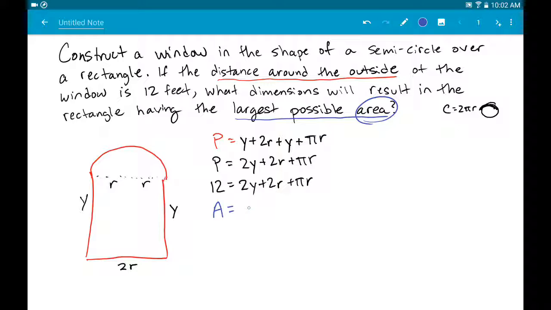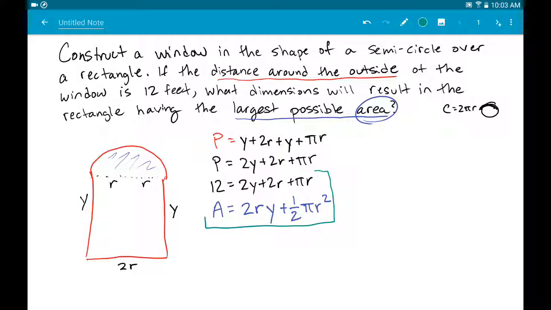The area is going to be the area of the rectangle, which is 2r times y, plus the area of half of a circle. Pi r squared would be the area of a circle, but I only want half of that. So now I have two equations connecting the same scenario.